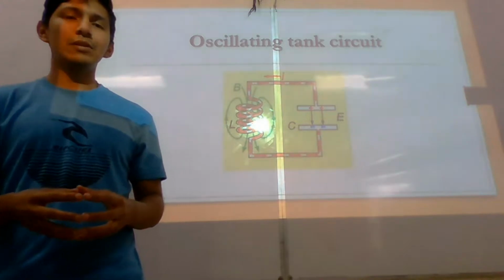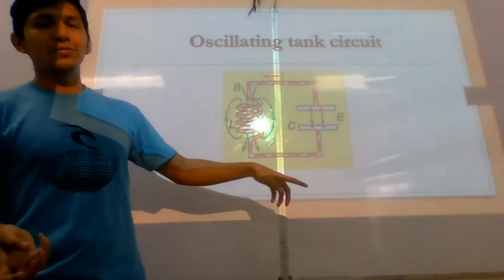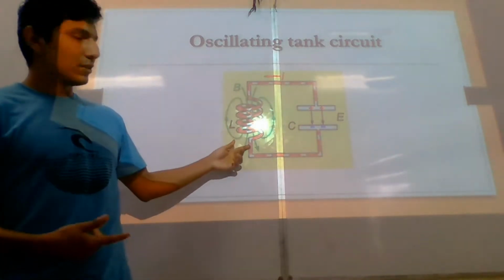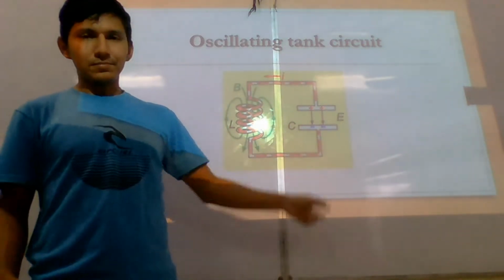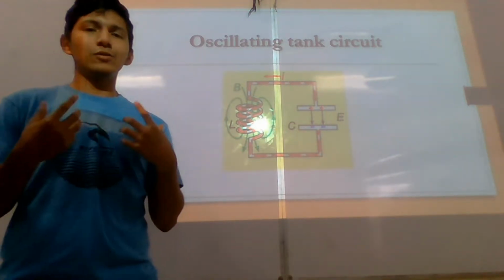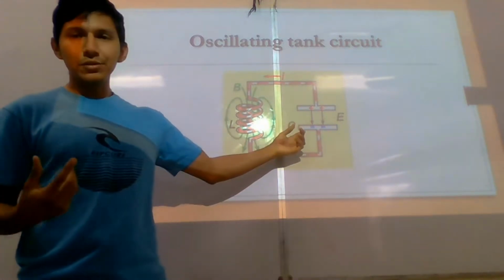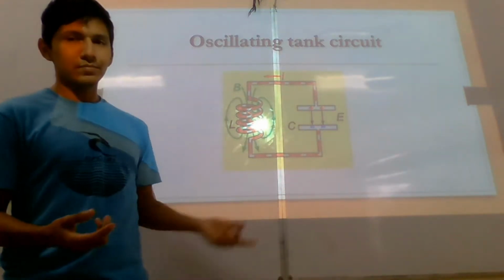A tank circuit consists of a capacitor connected to a coil, an inductor, by wires. The resonance in a tank circuit is created by the movement of energy between the capacitor and the inductor.